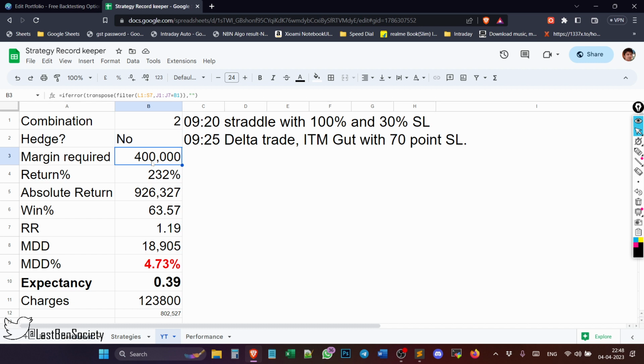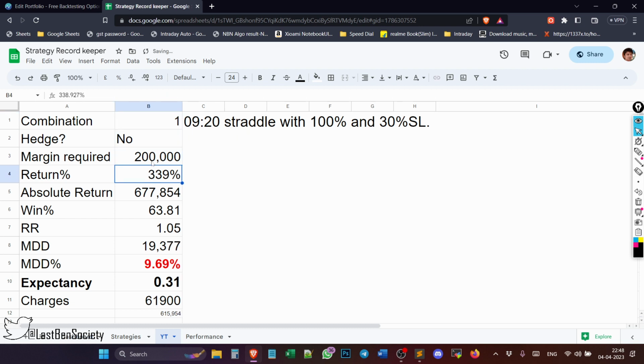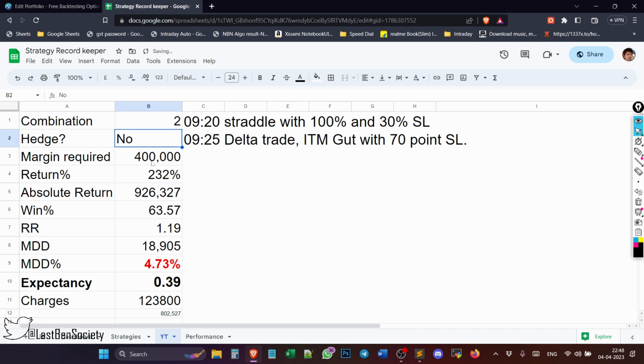If I go back to 1, the return percentage was 339. If I go back to 2, it has reduced. You are giving back some returns in order to make your strategy better.